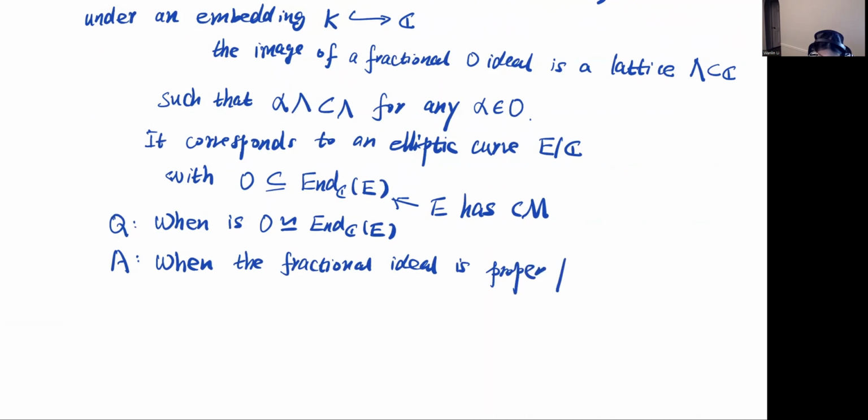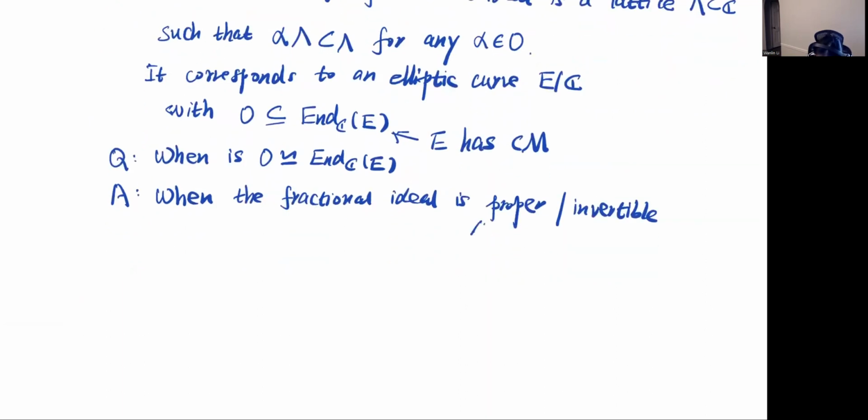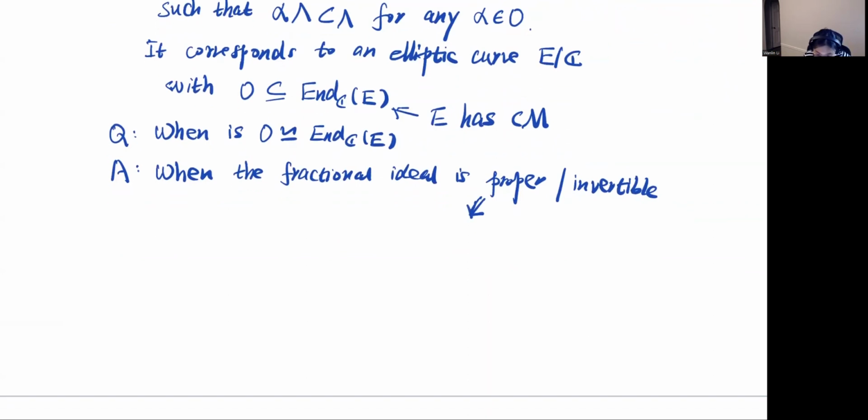Another property you can measure it by is invertible. So let me define what it means. Proper is literally the definition of what we're claiming here.